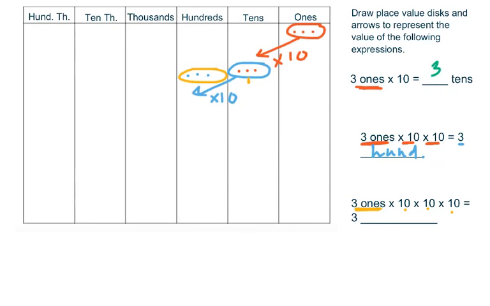I'm hoping you're jumping ahead here. You're thinking ahead, and you're thinking that when I multiply by 10 once again, that I'm going to move over to the place value on my left, which will end up with 3 in the thousands place, giving me thousands down here on my blank.